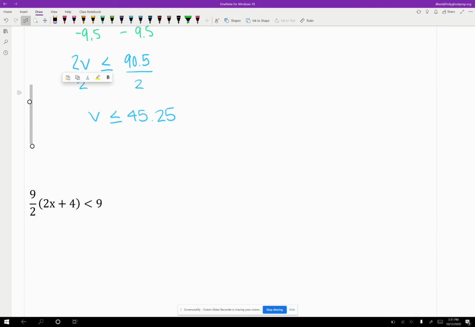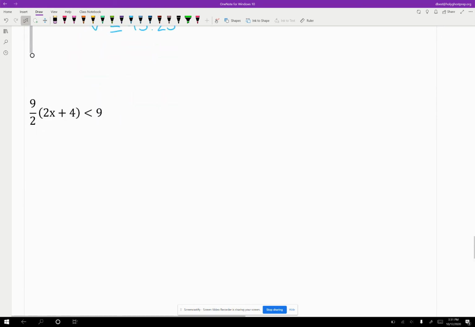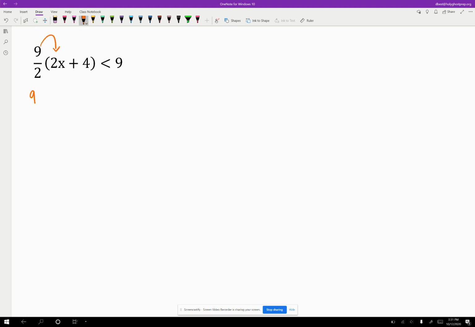All right, let's try one with a fraction. Okay, now we are still going to do our distributive property first. Okay, so I'm doing 9/2 times 2x plus 9/2 times 4 is less than 9.